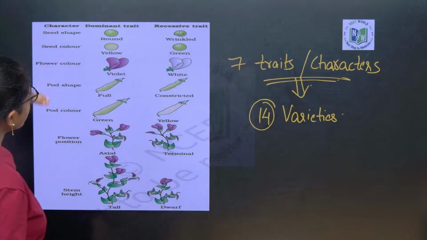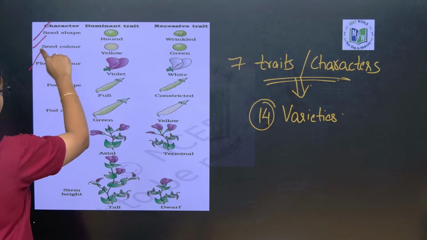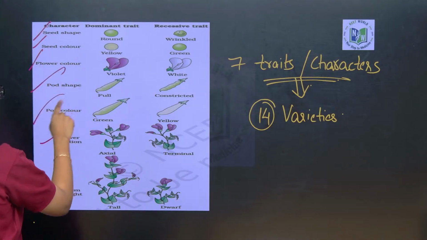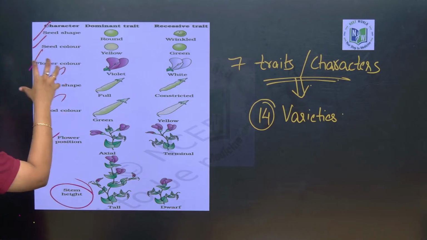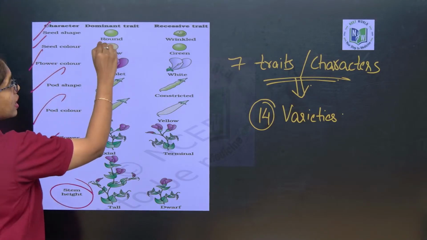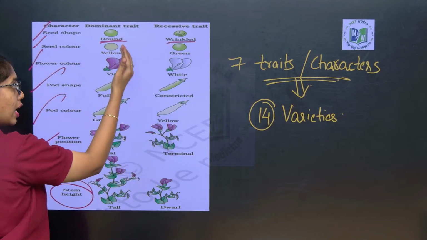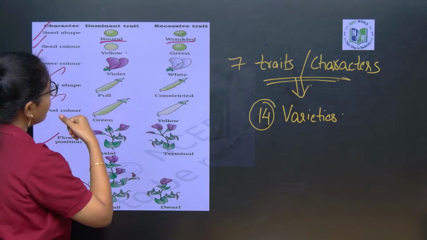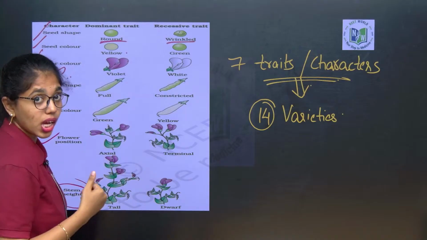So what are those 7 characters? Easily you can remember: seed shape, seed color, flower color, flower position, pod shape, pod color, and stem height. Seed shape: the dominant is round and recessive is wrinkled. Seed color: yellow is dominant and green is recessive. Flower color: violet is dominant and white is recessive.